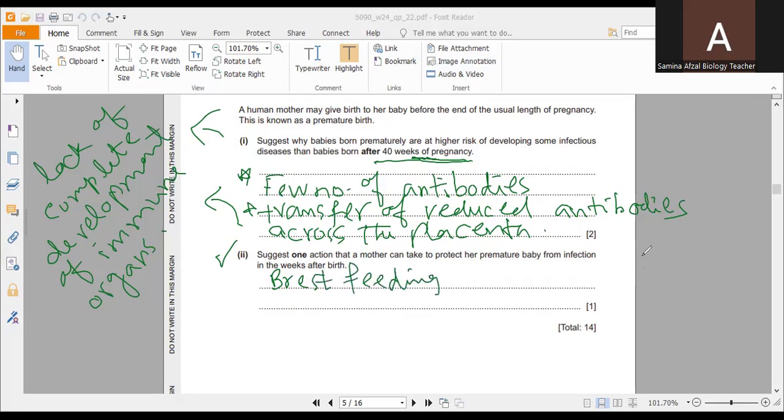In this way, she is able to transfer the antibodies through the mother's milk.